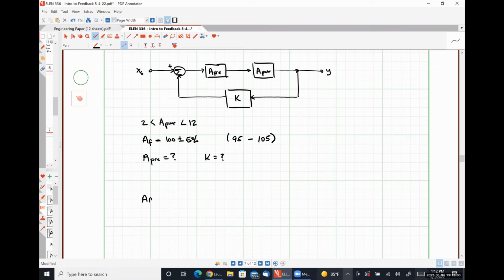So by inspection, our gain with feedback, according to Mr. Roger and myself, is A pre times A power over 1 plus K A pre times A power.